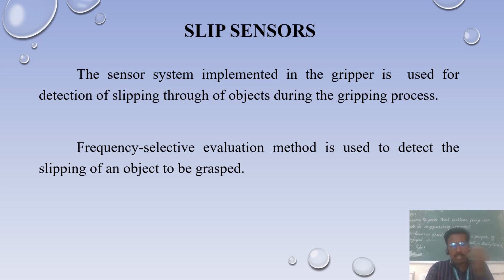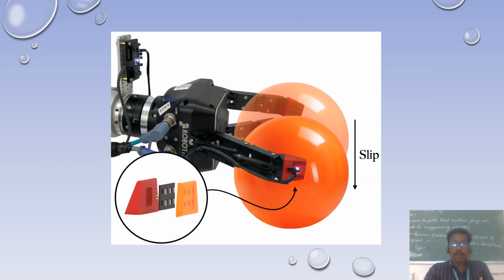Different algorithms are there. This is one of the evaluation techniques that is used to detect the slipping of an object to be grasped. Well, let us see this diagram. This one is the end effector. Again you will have the light that detects the objects, and here you will have a gripper, and that gripper is attached with the system.